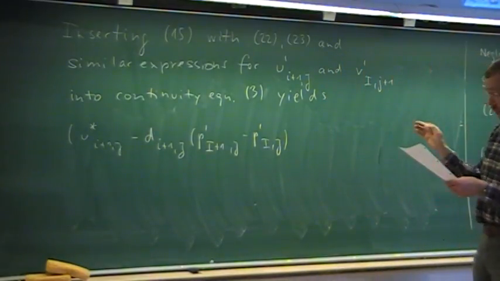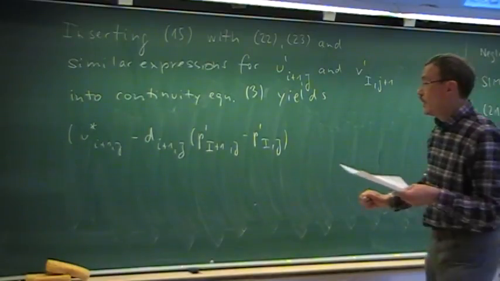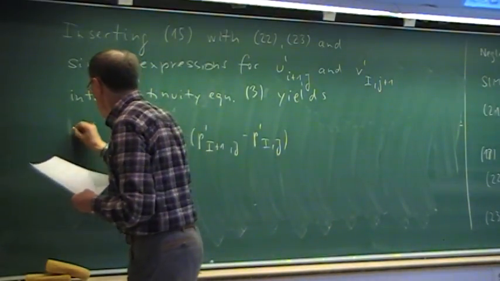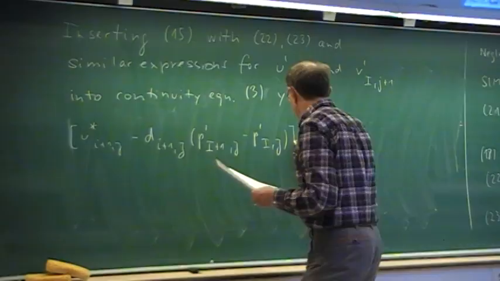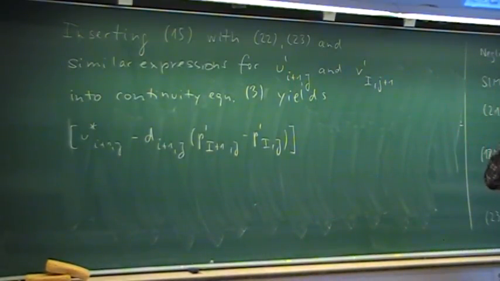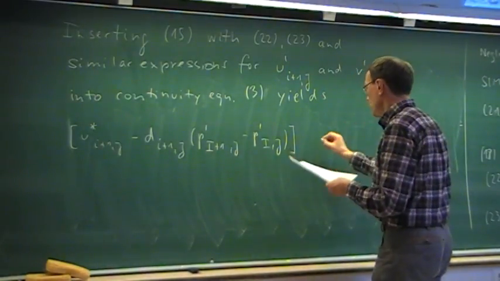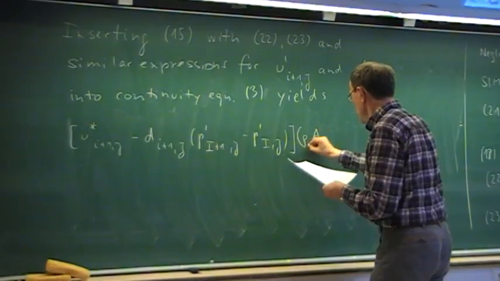So this all here is indicating the flux, that is u. To get the mass flux, we then need to multiply that by rho times the area.